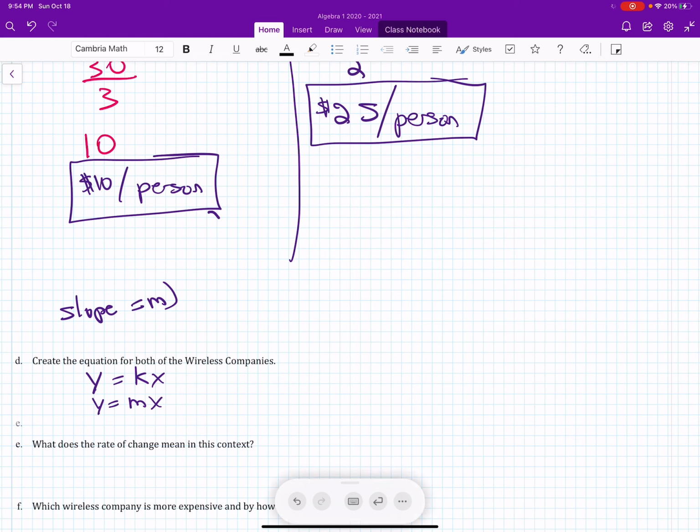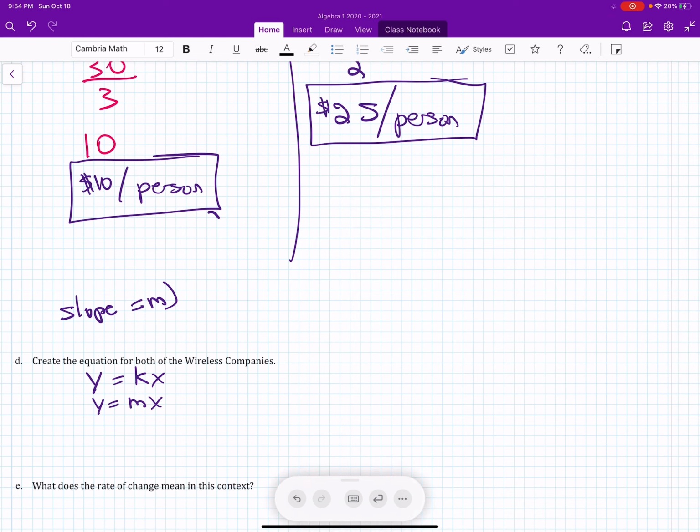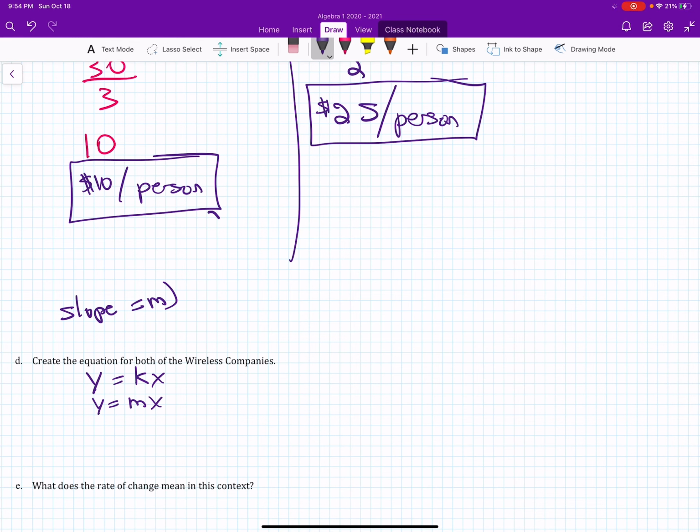Therefore, we're going to have Verizon, y of Verizon equals 10x, and y of Sprint equals 25x. There's our 2 equations.